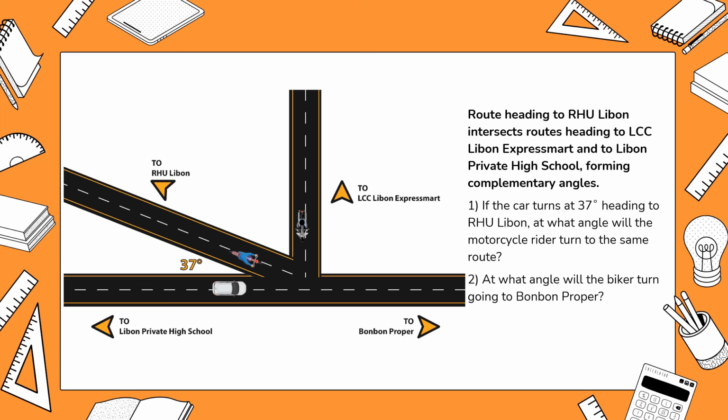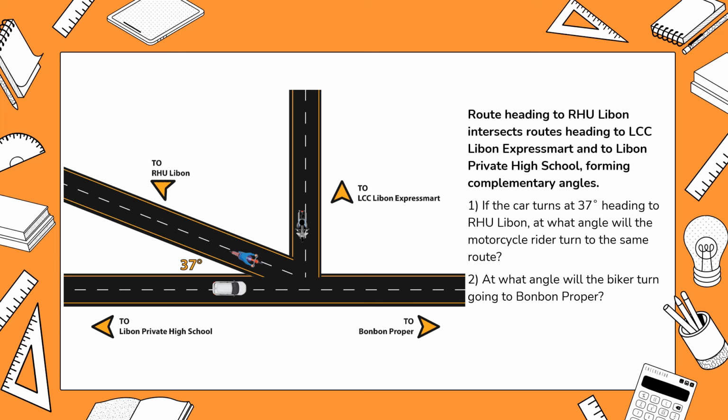As you can see, the road from Libon Private High School going to Bonbon proper is a straight line, and we know that it forms what angle? It forms supplementary angles since it is a straight line.